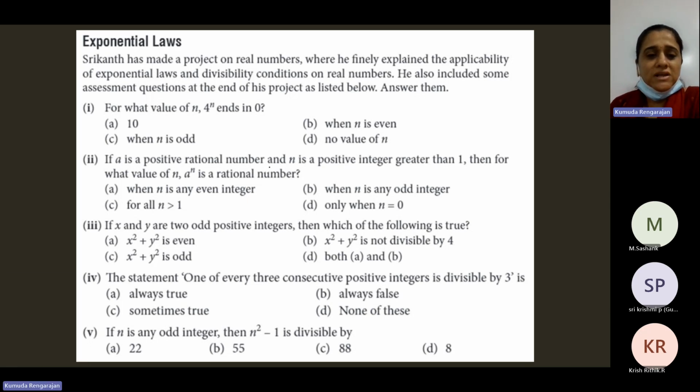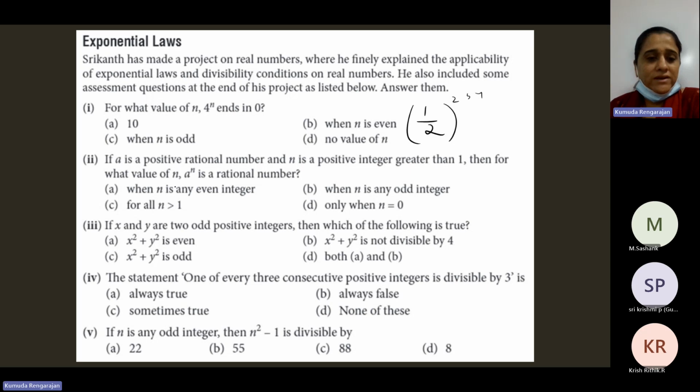A is a positive rational number, and n is a positive integer greater than 1. So just take an example, supposing 1 by 2 is a rational number, and n is any value greater than 1, it can be 2, 3, 4, whatever.